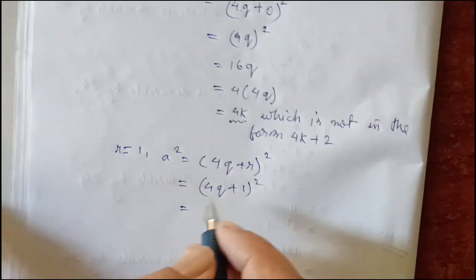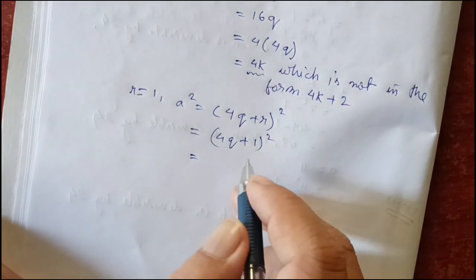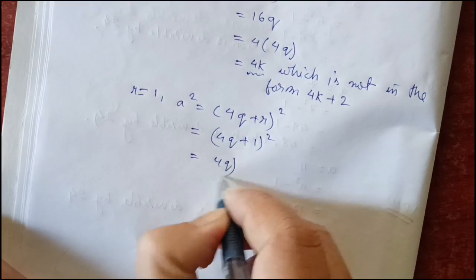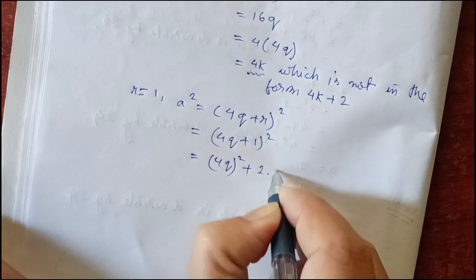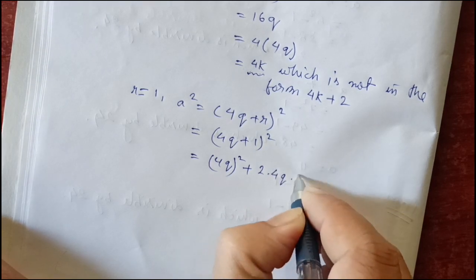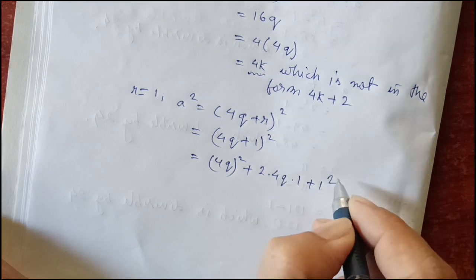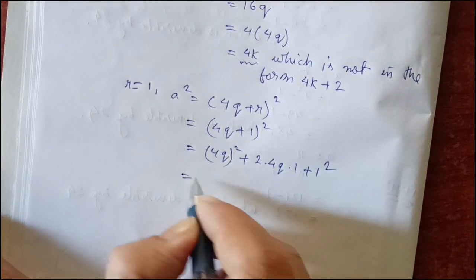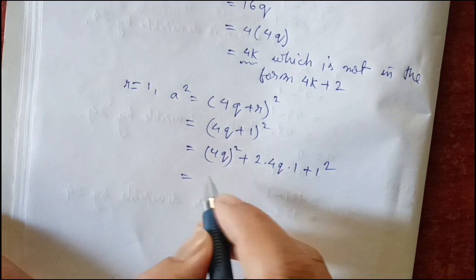Then you apply the formula. When you apply the formula, you will be getting a square plus twice ab plus b square, right? So a plus b whole square formula, we are using the formula of a plus b.